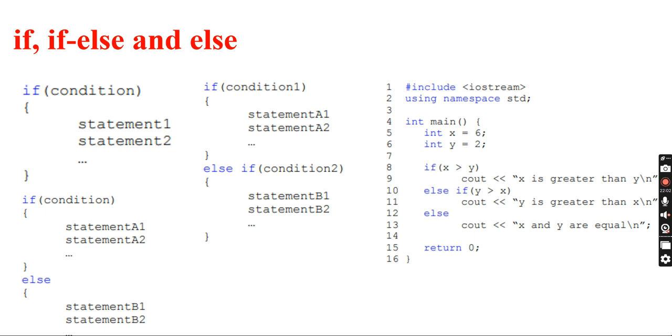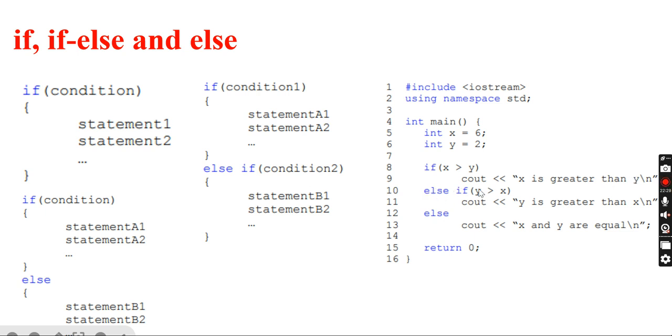We have the if else. If else are conditional statements. Whenever we want to make a decision in our code, we can do it by comparing two values. For example, let's say there are two variables, x equal to 6 and y equal to 2. If x is greater than y, print x is greater than y.